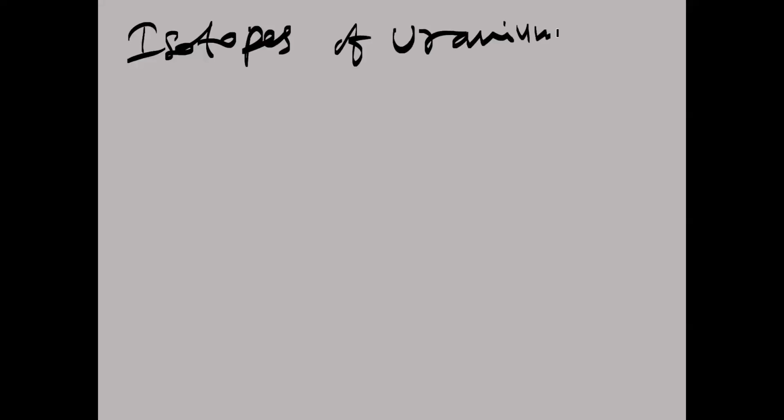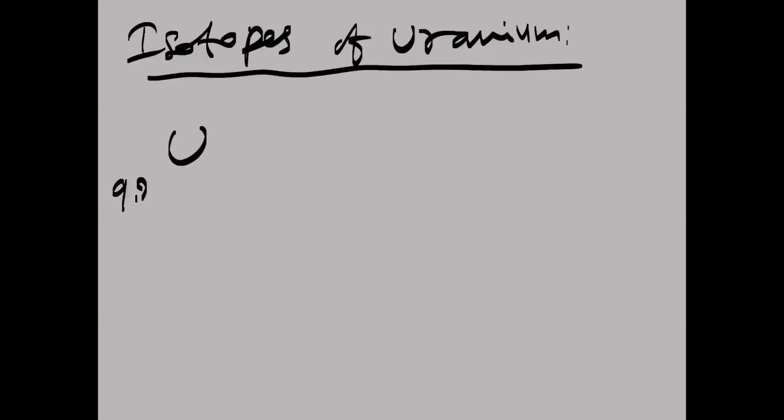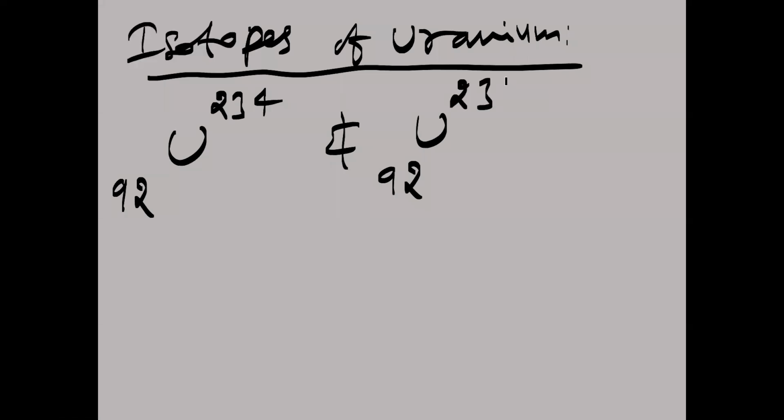Now take the next one, isotopes of uranium. So what are the isotopes here? Uranium U 92 234, and uranium 92 238. Is that clear? So the atomic number is the same, but the mass numbers are different.